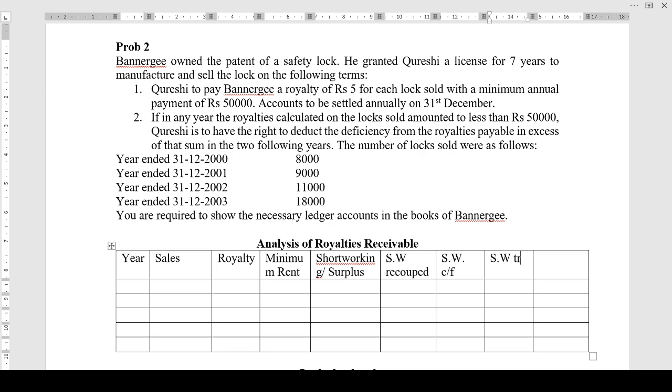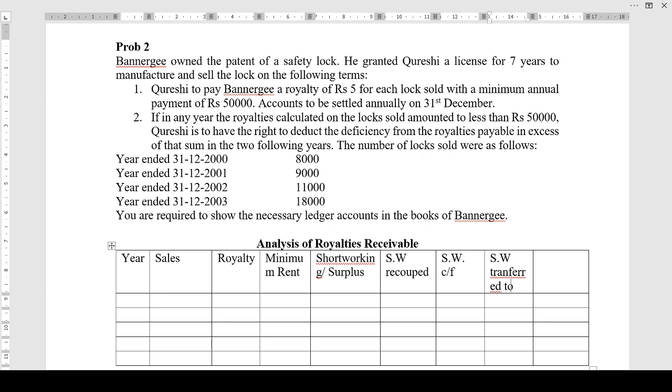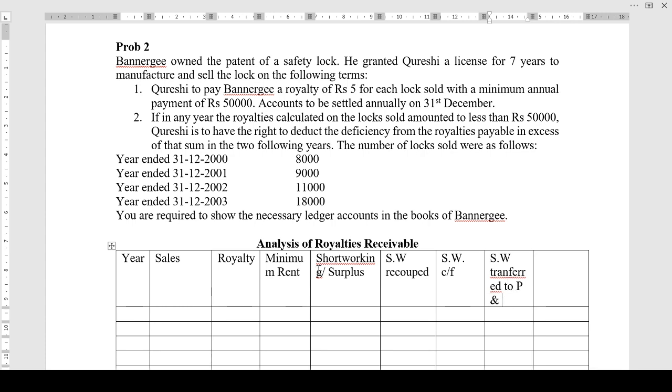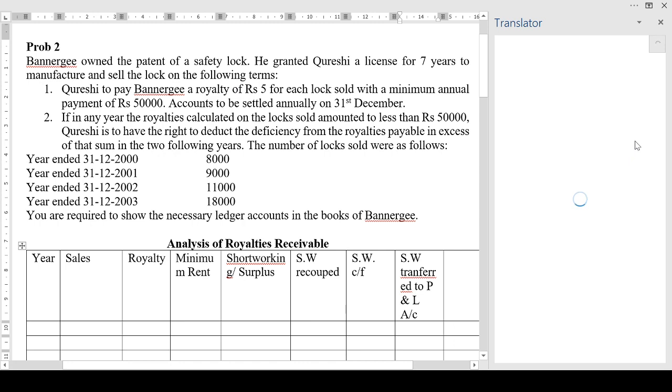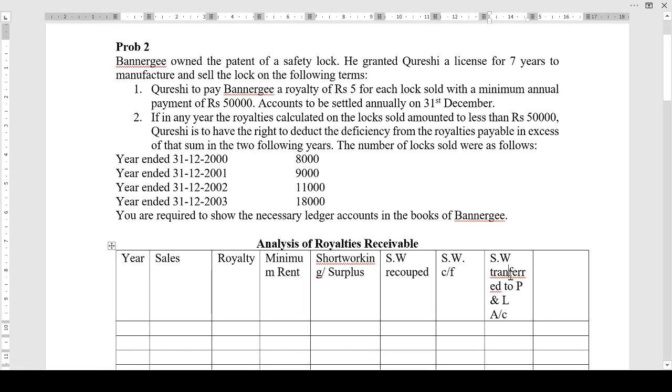Short workings transferred to P and L account.